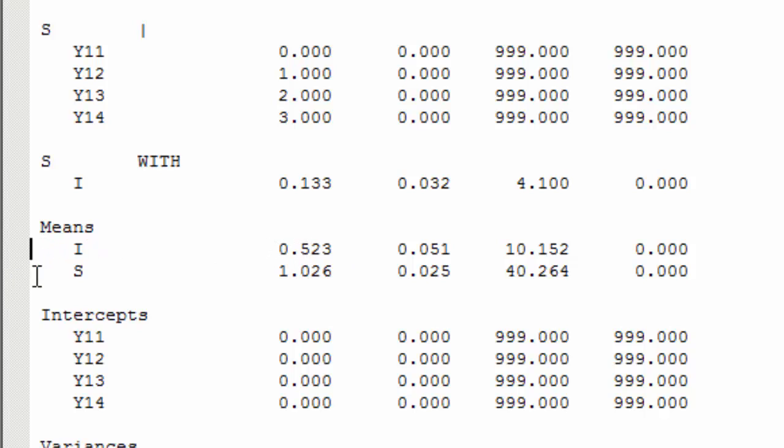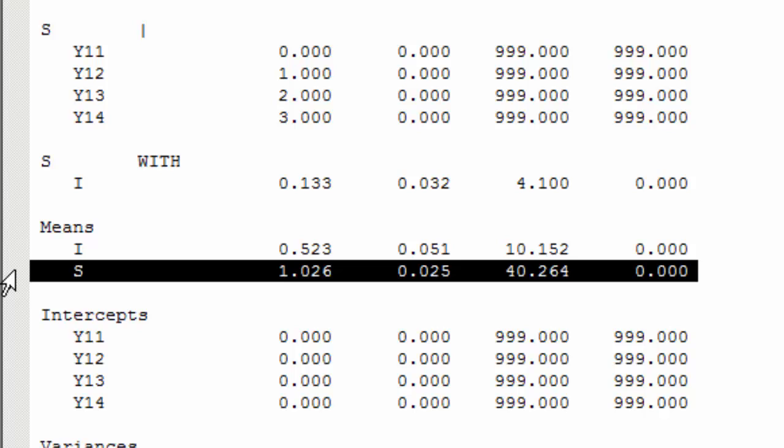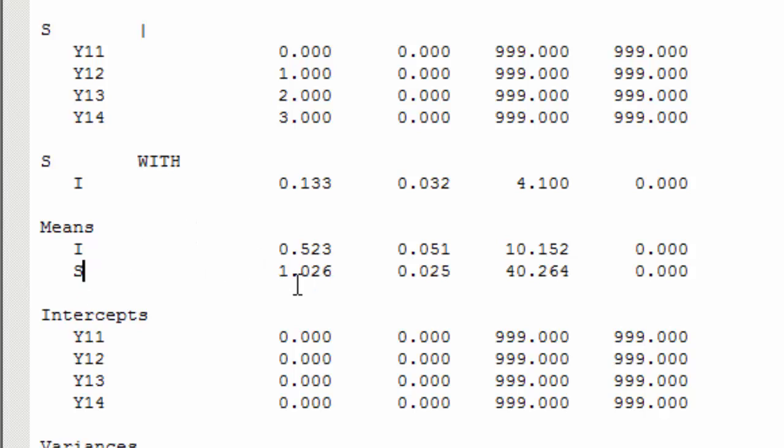And then we have our slope mean. The slope mean is going to be the per time step change in y per unit increase in the slope. So we're saying we gain about 1 point per time interval in our outcome variable.